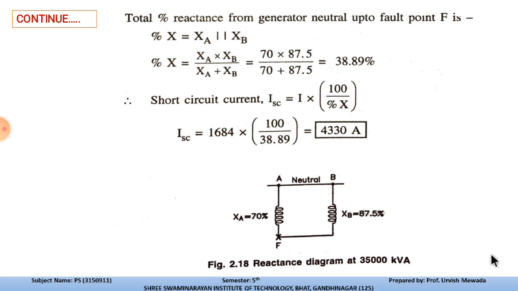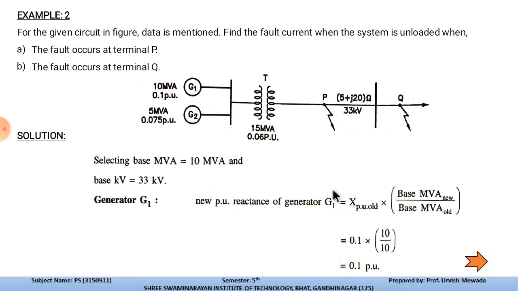Now let us discuss an example related to the other topics. In example number 2, the data is given for the circuit in this diagram. In this diagram we have two generators. The generator G1 is 10 MVA, 0.1 pu, and G2 is 5 MVA at 0.075 pu.